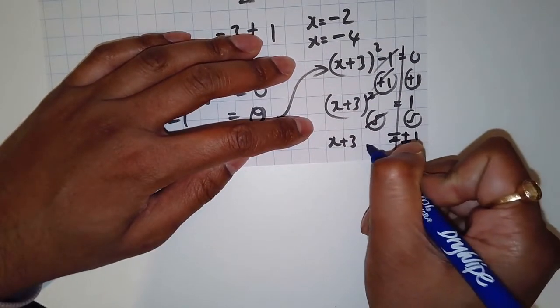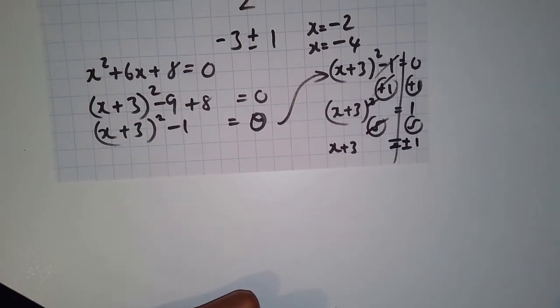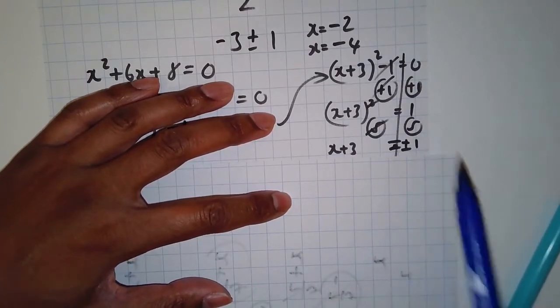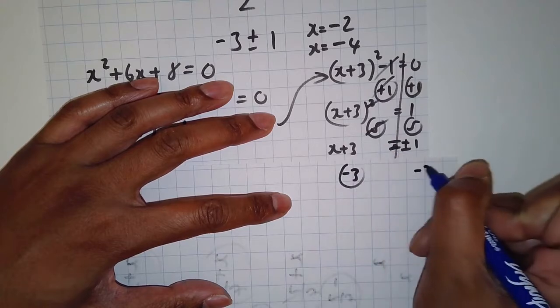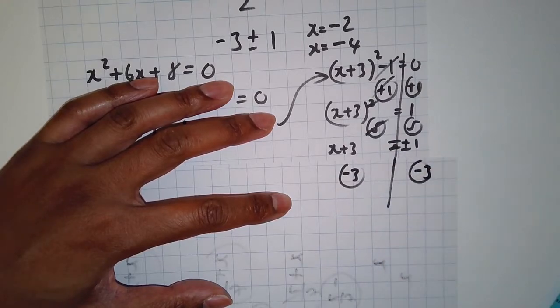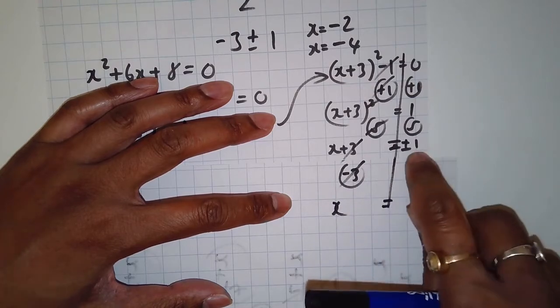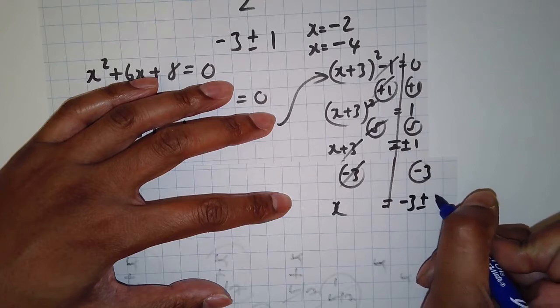Now you take away 3, I'm running out of space here. To get rid of plus 3, minus 3. What we do on this side, do it on the other side. These cancel, you're left with x is equal to minus 3 plus and minus 1.